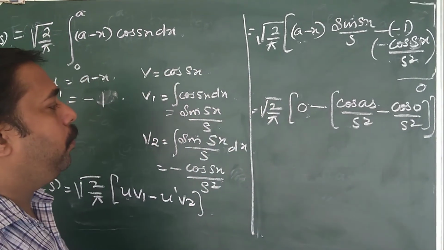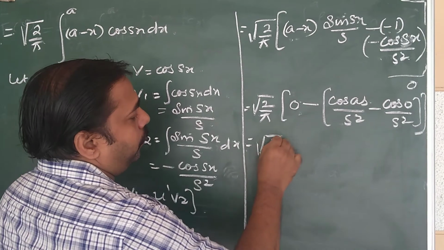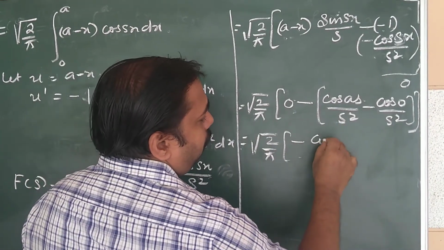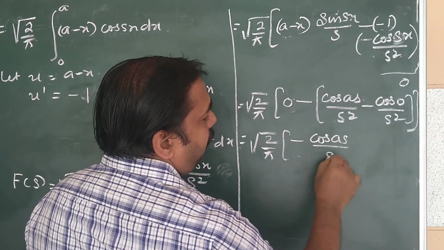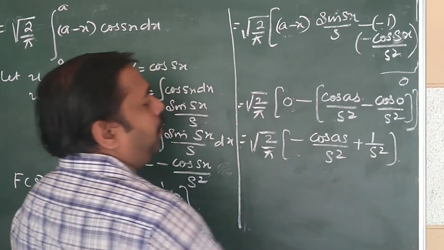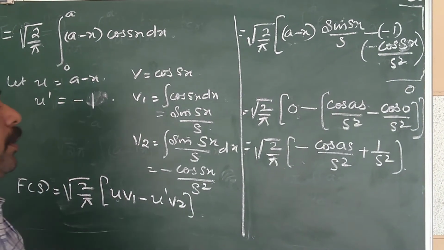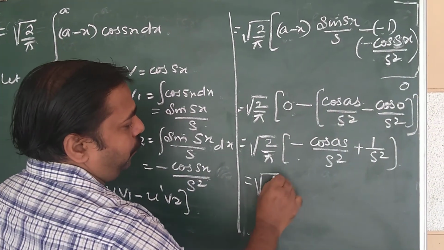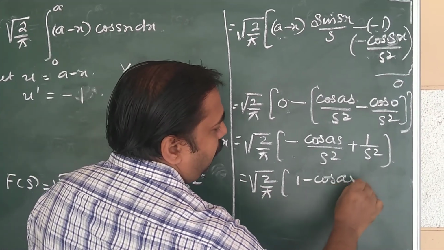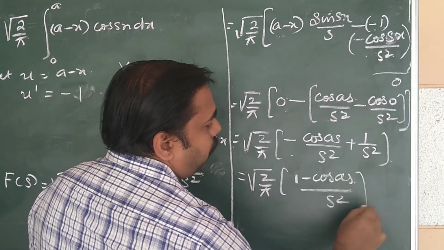So that is root of 2 by pi, minus cos as by s square plus cos 0 is equal to 1, that is 1 by s square. So this can be written as root of 2 by pi, 1 minus cos as by s square.